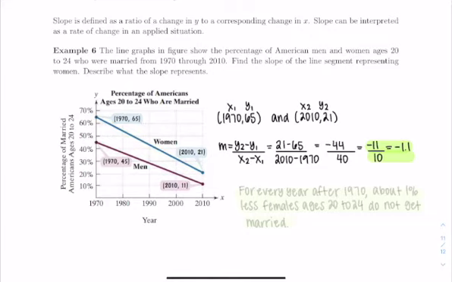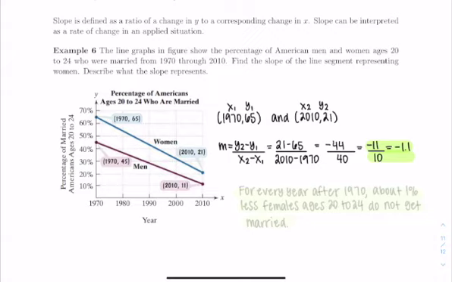So what does the slope represent here? Well, the title of the graph is the percentage of Americans ages 20 to 24 who are married. The x is the year, and the y is the percentage of, in this case, women who are married that were in between 20 and 24. So in 1970, about 65% of women were already married from the ages of 20 to 24, whereas in 2010, only 21% of women were married between the ages of 20 and 24.